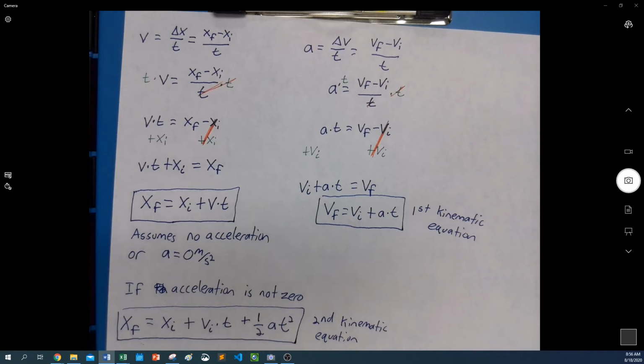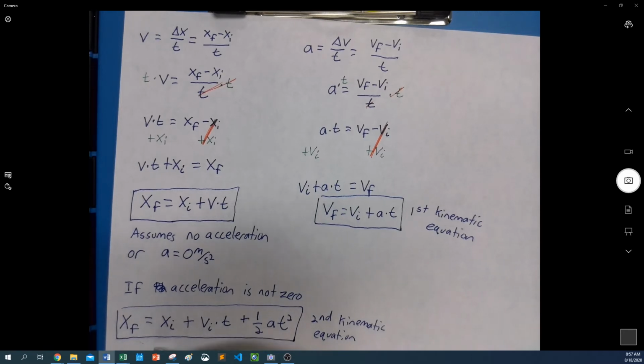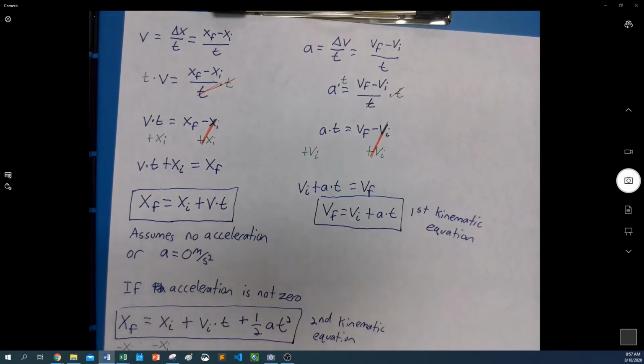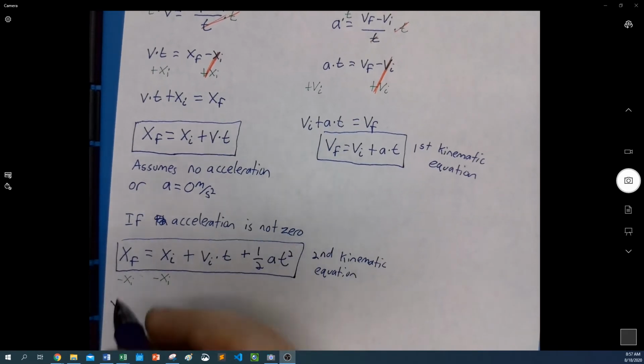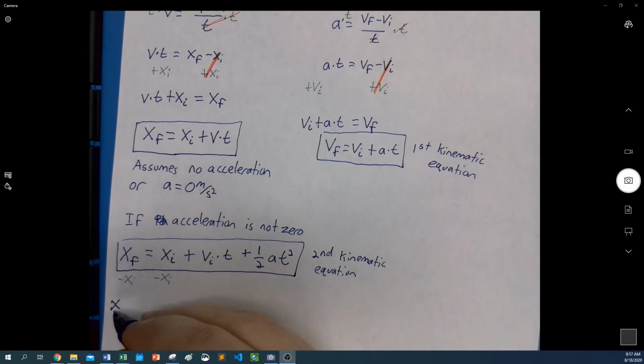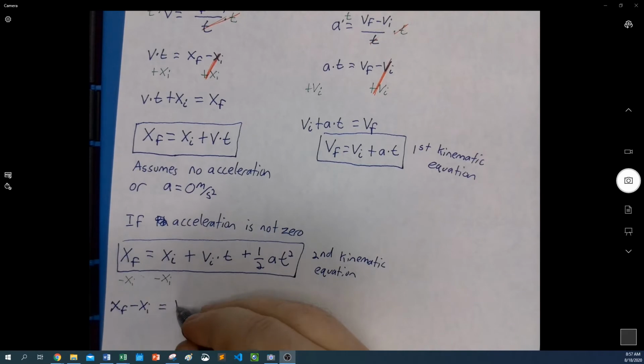Now then, I can subtract xi from both sides of the equation. I'm left with xf minus xi is equal to vit.